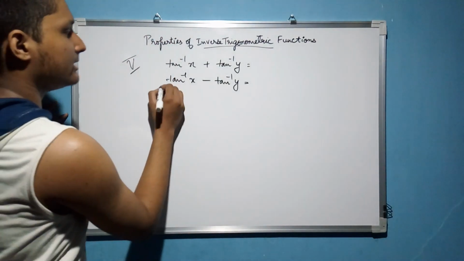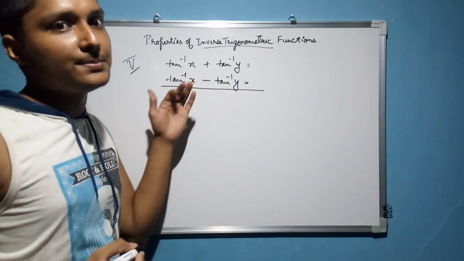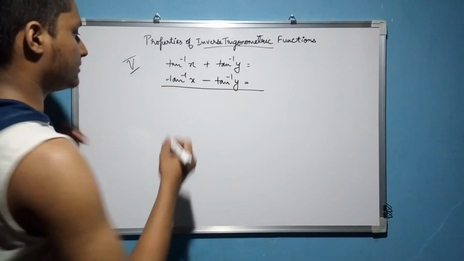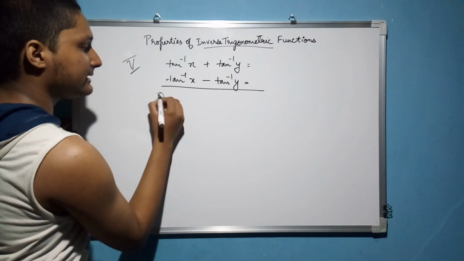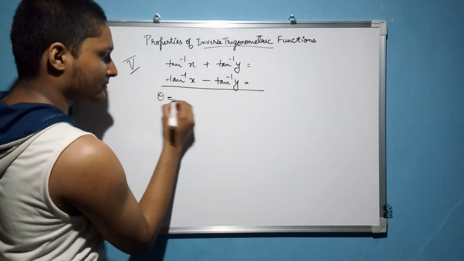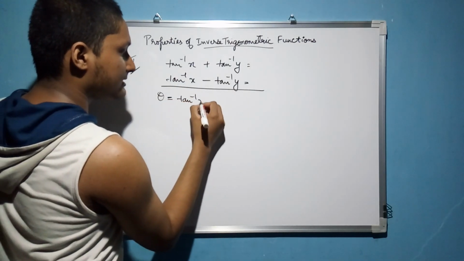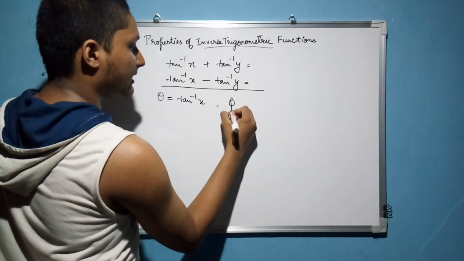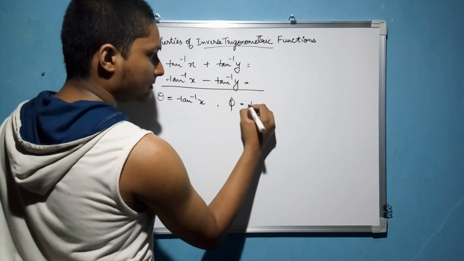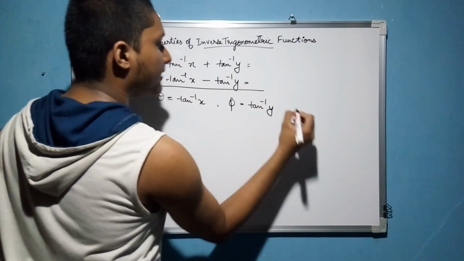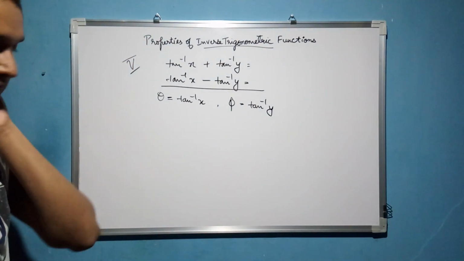Many types of questions are solved based on this method. Let me take theta to be the first term, that is tan inverse x, and phi to be the second term, that is tan inverse y.